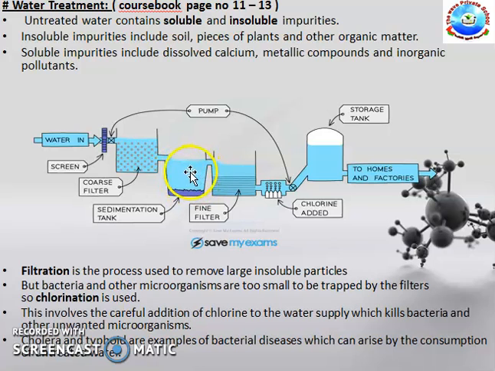Now this water is still not clean, because there are soluble impurities which are still present. So it passes to this third tank, where you can see there is a fine filter. The fine filter helps to remove soluble impurities, like dissolved calcium or some metallic compounds or inorganic pollutants which are not visible.